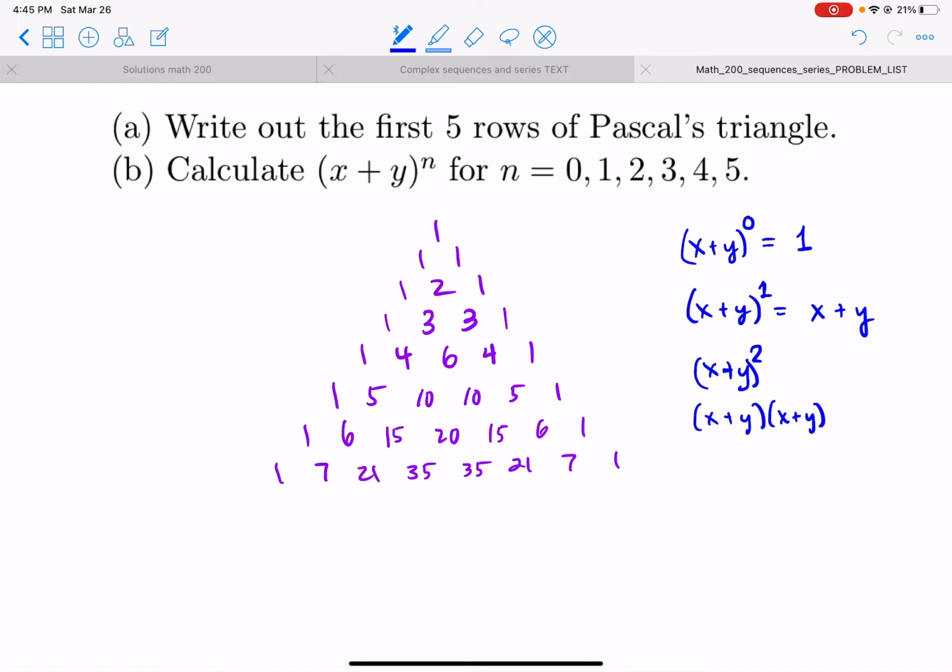And now we can take this whole thing and maybe distribute it through. And we'd get x times x plus y, plus y times x plus y. And then we take this and distribute it through, and this and distribute it through.